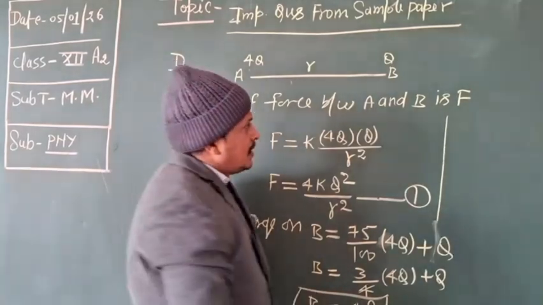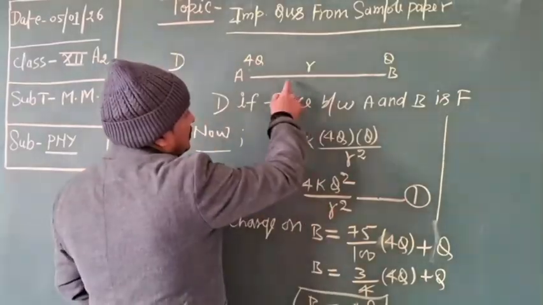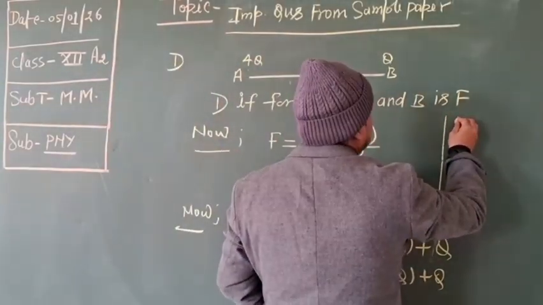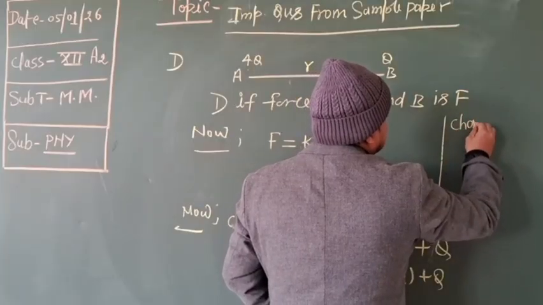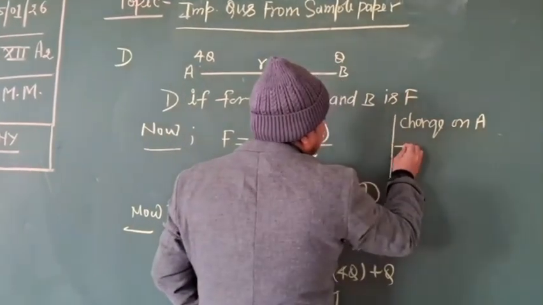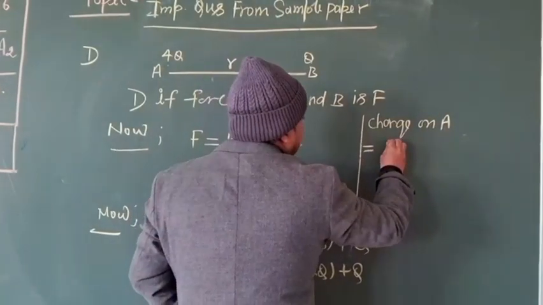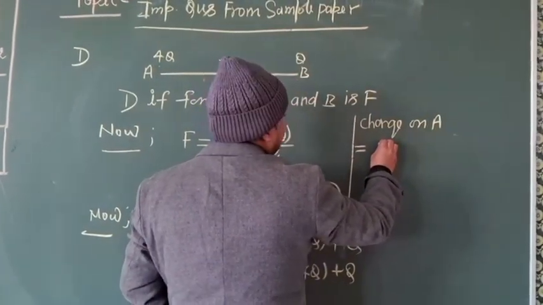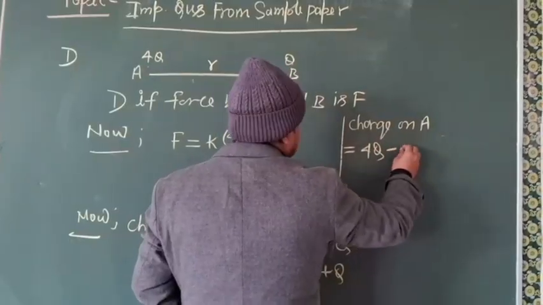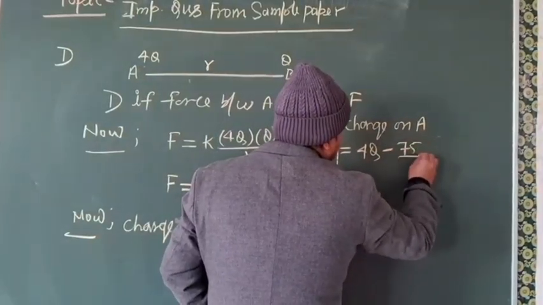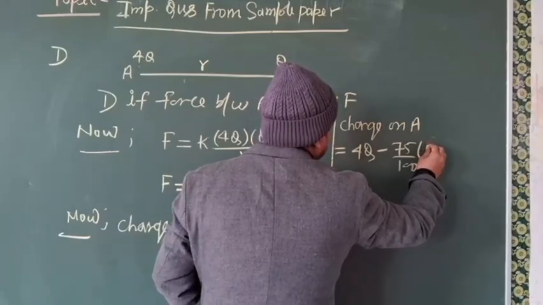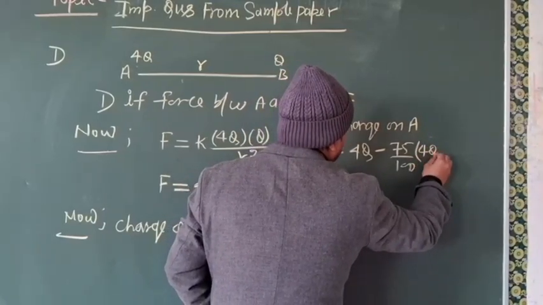Now you should calculate the charge on A. Charge on A is 4Q minus the 75% transferred from A, that is 4Q minus 75 upon 100 into 4Q.